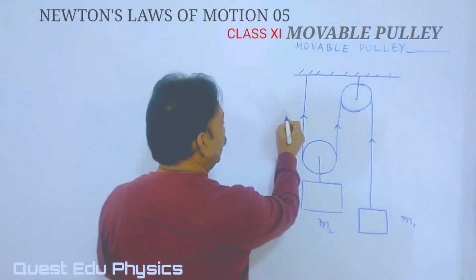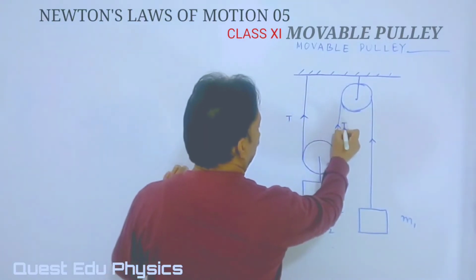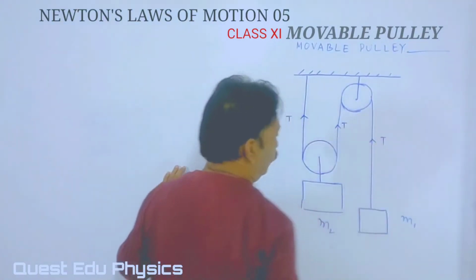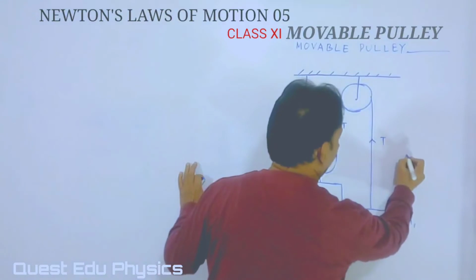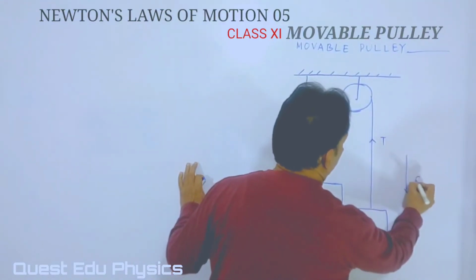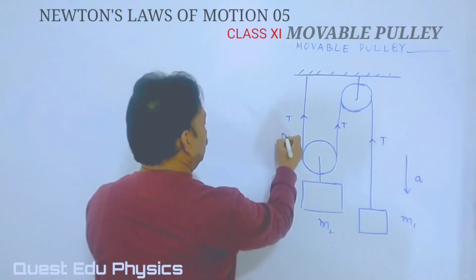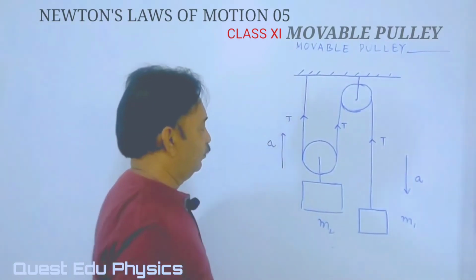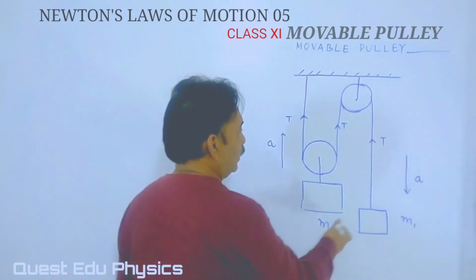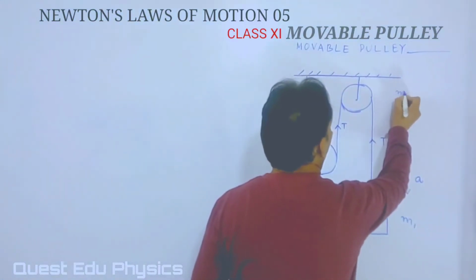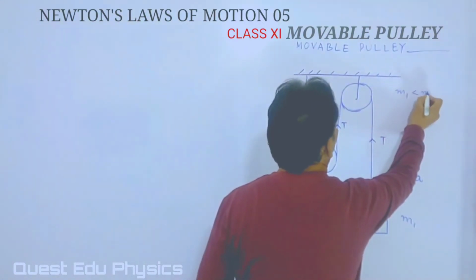Here these arrows are indicating the tension, and let's say this is the acceleration, and it is the direction of the acceleration. In this case, if you watch it carefully, m1 is less than m2.